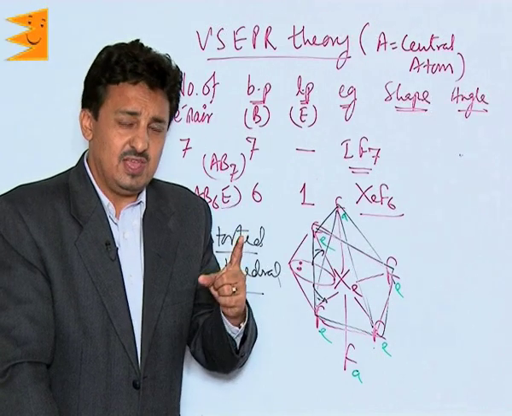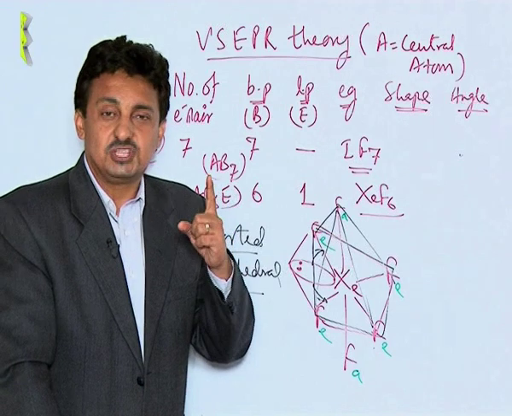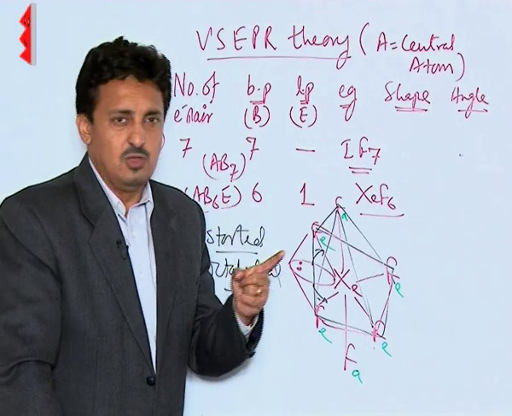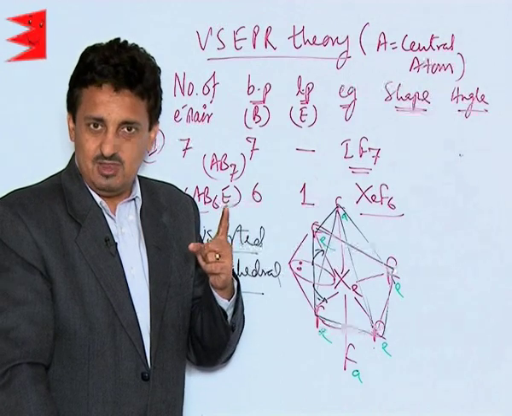No other theory tells us exactly what the shape will be. They can tell you the geometry, but they can never tell you where the lone pair will go. It is only the valence shell electron pair repulsion theory.